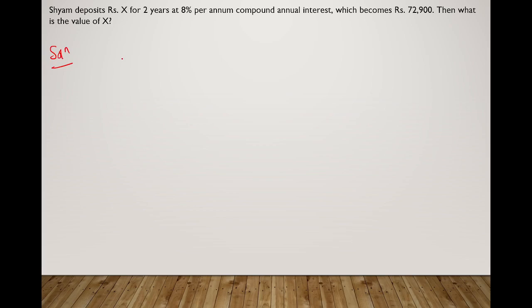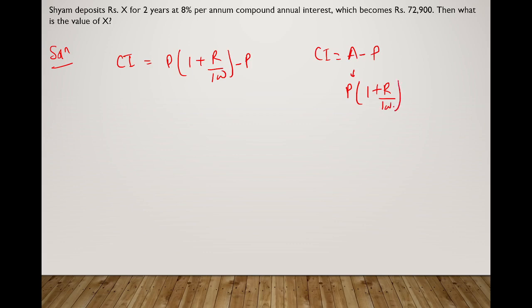So the formula of compound interest is amount minus principal, because compound interest equals amount minus principal. So the formula of amount is P into 1 plus R by 100 to the power T, where T is the number of years.